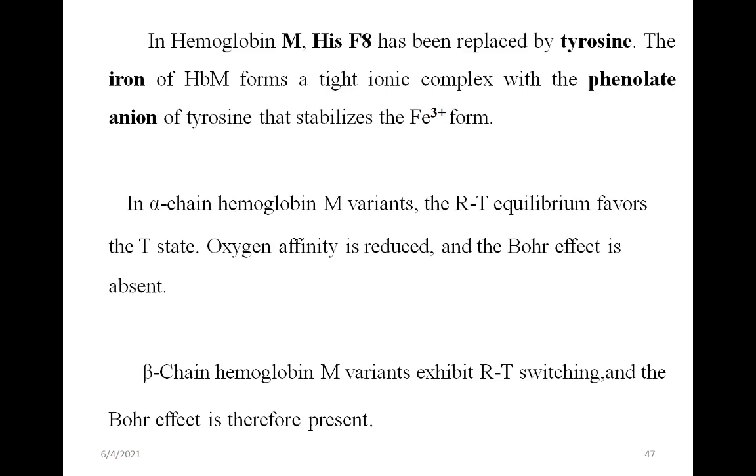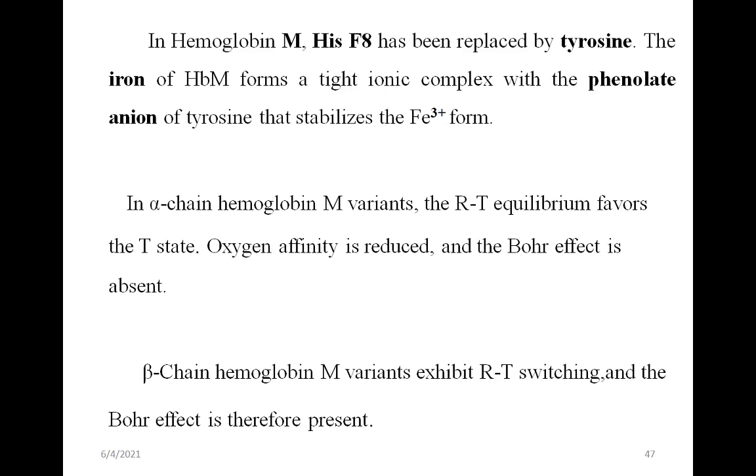In hemoglobin M, the proximal histidine F8, the 8th position histidine in the F helix, which always binds to the fifth valency of the iron, is replaced by tyrosine. Tyrosine is an aromatic amino acid, a phenol ring containing amino acid.